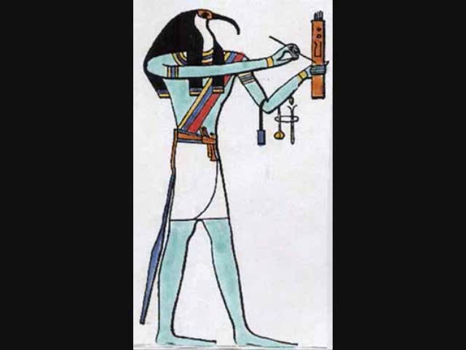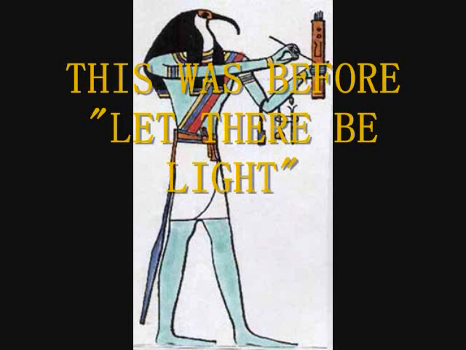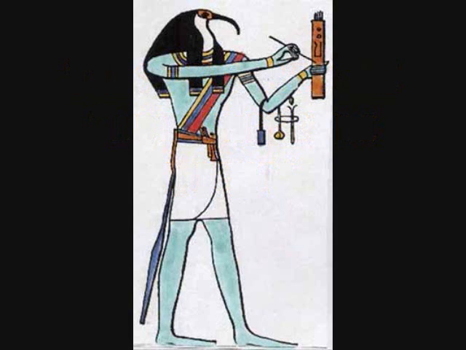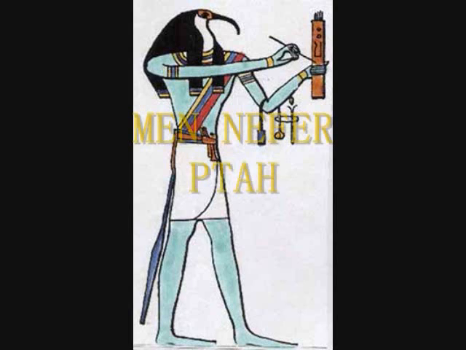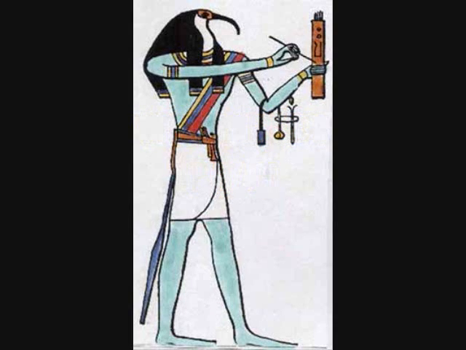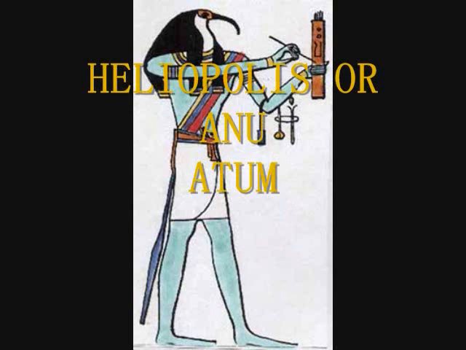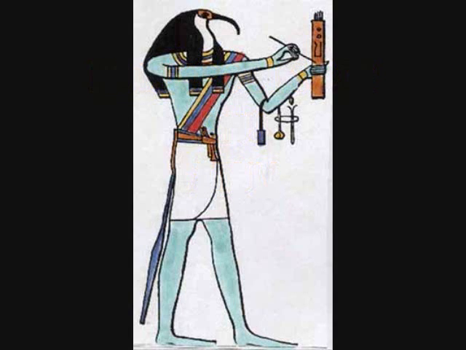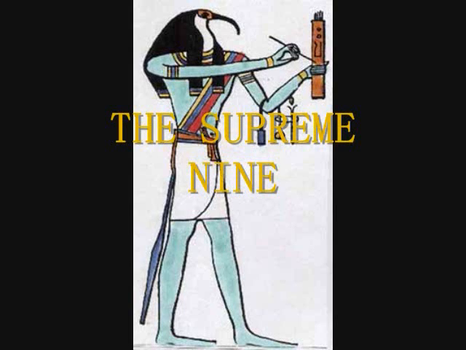The manifestation of creation in what we call 8 terms, or Ogdoad, is expressed in all Kemetic cosmological centers. If you go to Min-Nefer, you'll see Ptah in his 8 forms who created the universe. When you go to Heliopolis or Anu, you'll see Atum created the 8 divine beings. Atum and the 8 beings are known as the Grand Ennead, the Supreme 9.